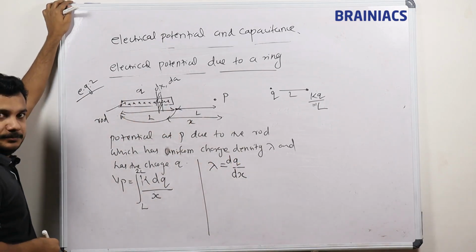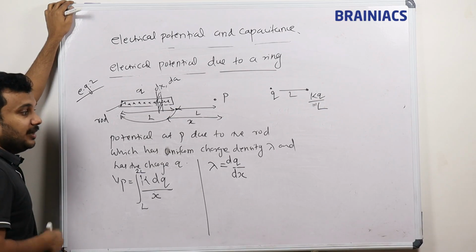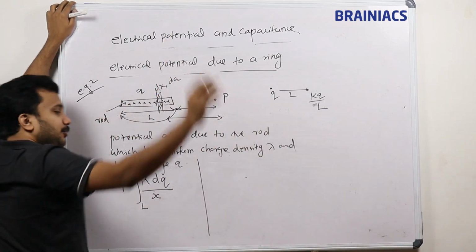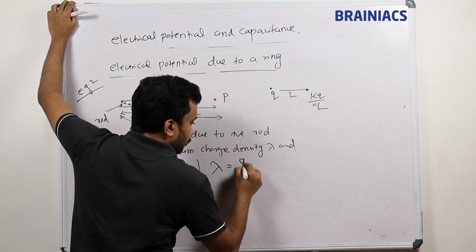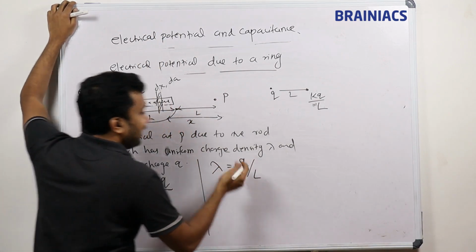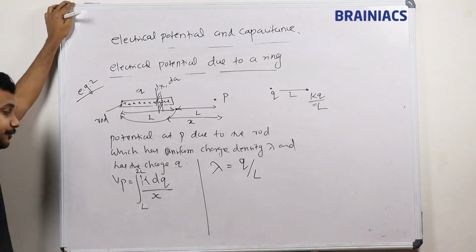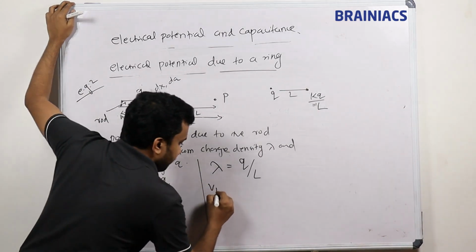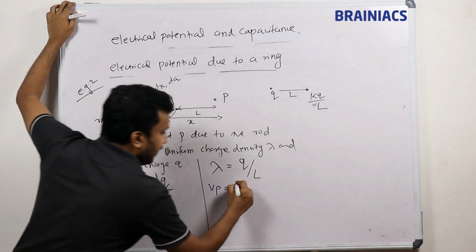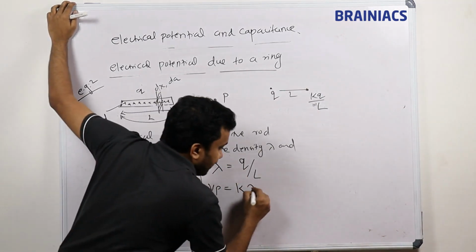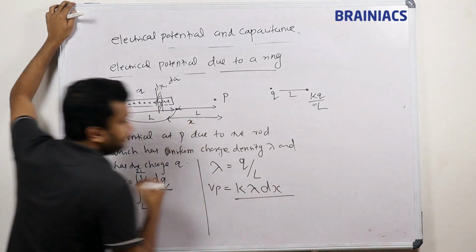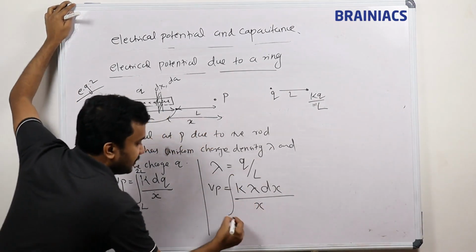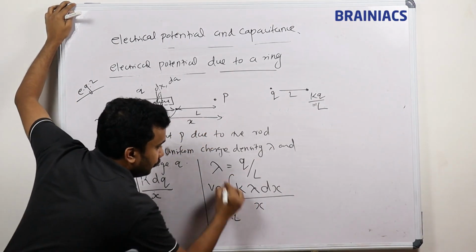For the total body, lambda will be equal to charge divided by its length L. So for dq amount of charge, we are replacing: Vp will be equal to k into lambda into dx divided by x, integration limit L to 2L.